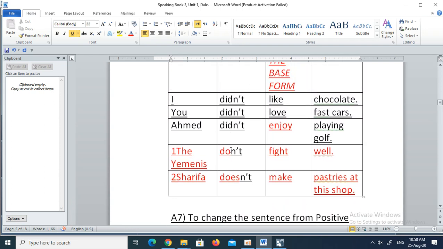Once again, on your piece of paper, these 2 sentences, the Yemenis don't fight well, or Sharifa doesn't make pastries at this shop, are in the present tense.